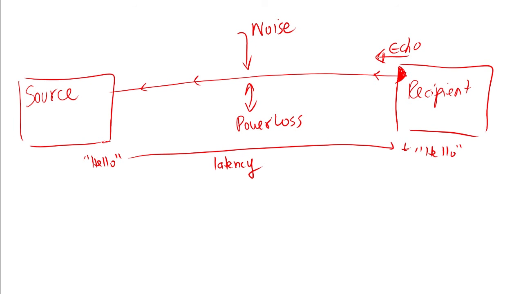And if this is a cable or if it's a radio wave, there's not much latency, but if it's a satellite, it can have latency of like 1 or 2 seconds. And that's that.